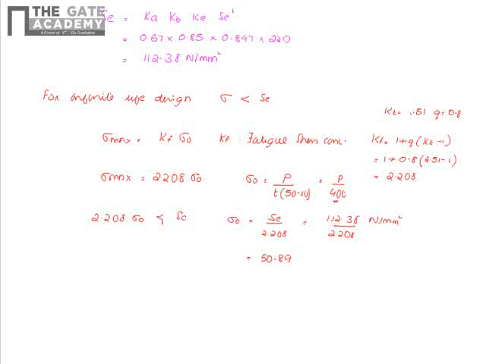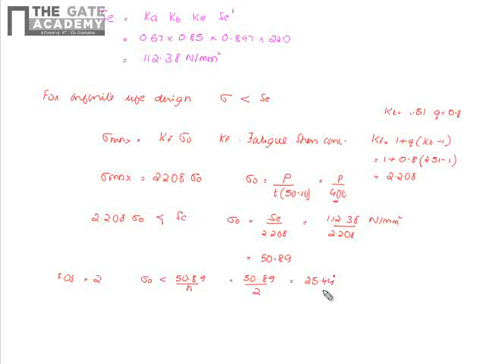And since the factor of safety is 2, sigma naught should be less than 50.89 by n, that's 50.89 by 2, that's equal to 25.44. Therefore the nominal stress should be less than or equal to 25.44 for the infinite life of the body.